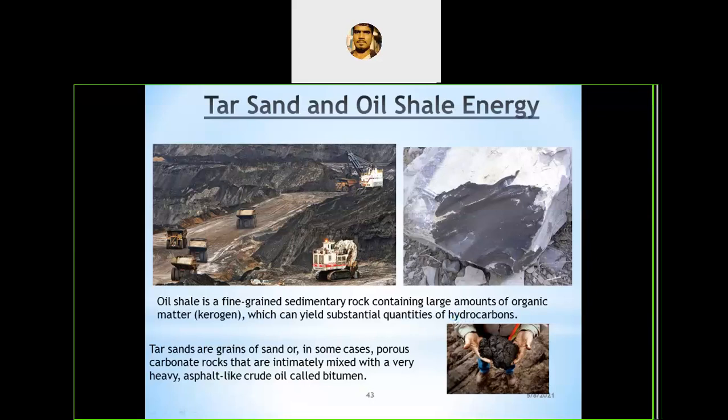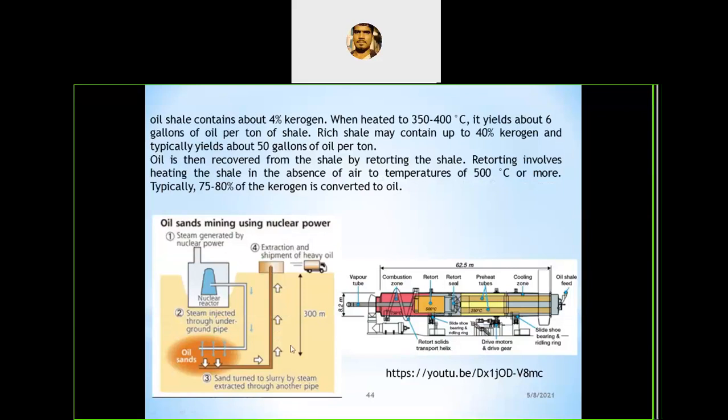And this is a typical layout which describes the conversion of raw material into a final product. Here the oil sand or tar sand, obtained by mining from the surface, is first passed through a conditioning drum.